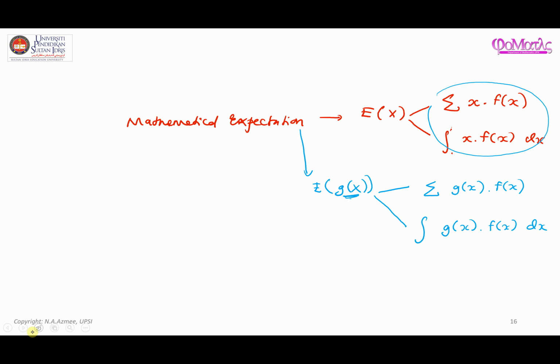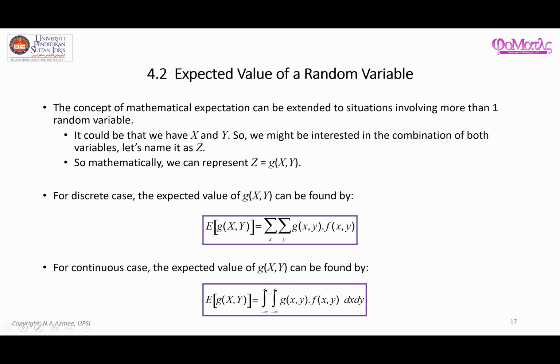And what we're going to see in this video is we're going to extend this concept to include more than one variable. Here we've only got x. Now we're going to extend the idea to situations that have more than one random variable, for example x and y together, and we're interested in a function that has x and y together.